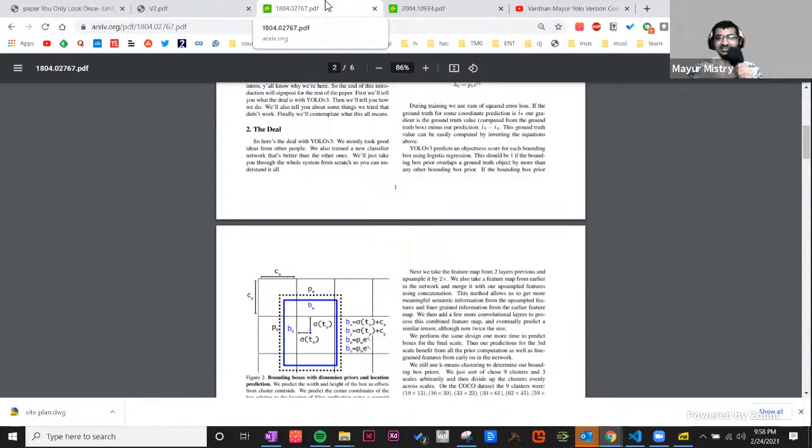V2 and V3 were already talking in the 50 or 60 frames per second range, so at that point speed was not a problem. Accuracy was the only challenge left to overcome. So from V3 to V5, we see models which were more accurate.